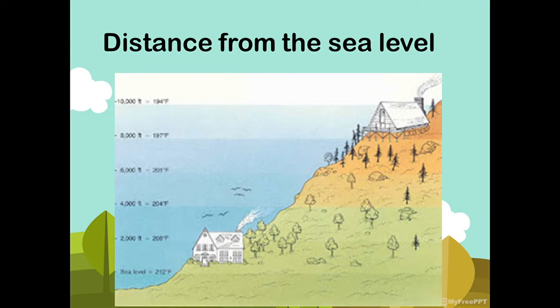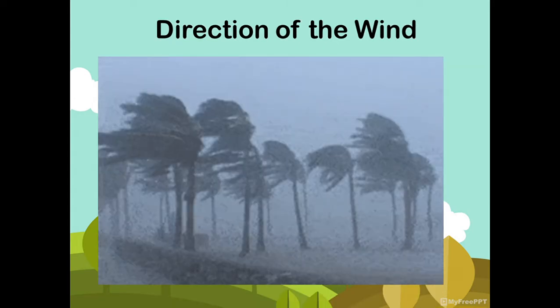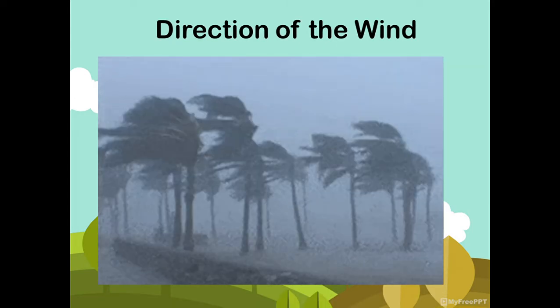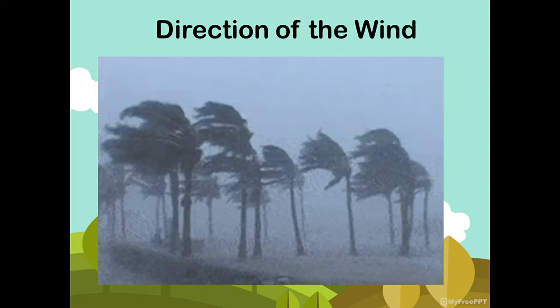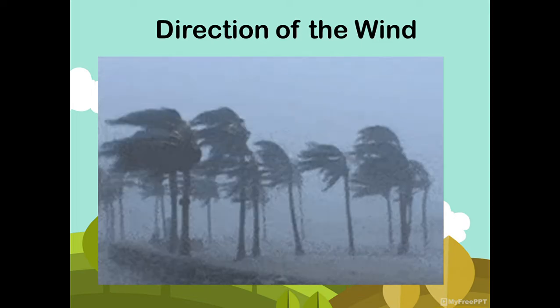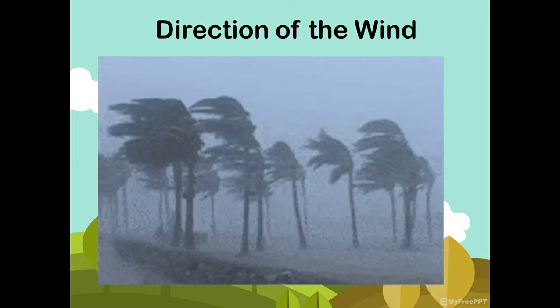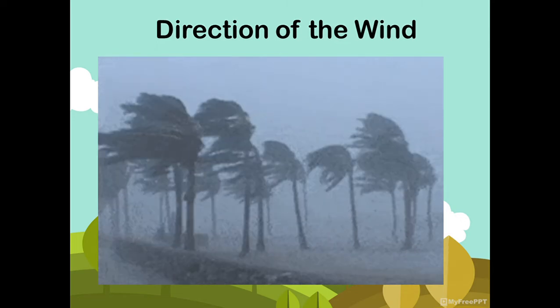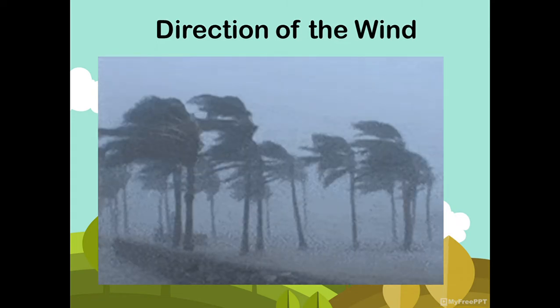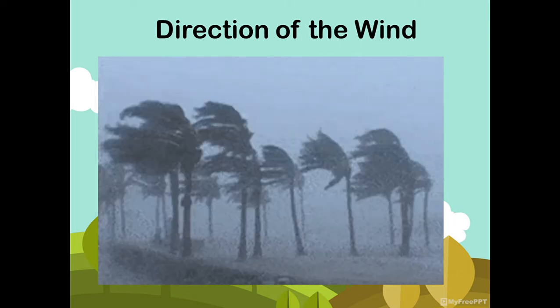Now we will discuss direction of the winds. The direction from which wind blows is known as wind direction. Do you know what is wind? Wind is moving air, caused by differences in air pressure within our atmosphere.